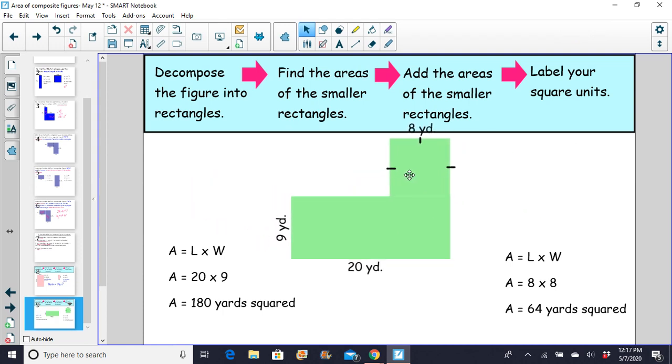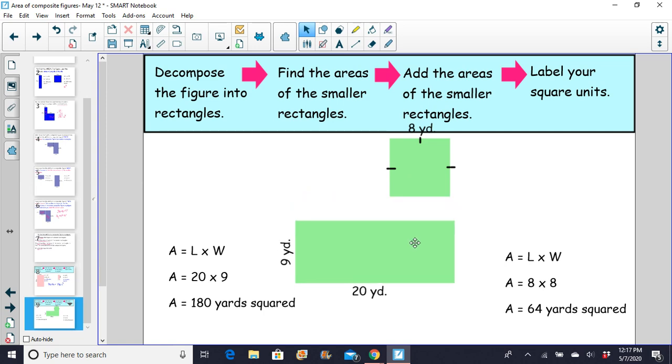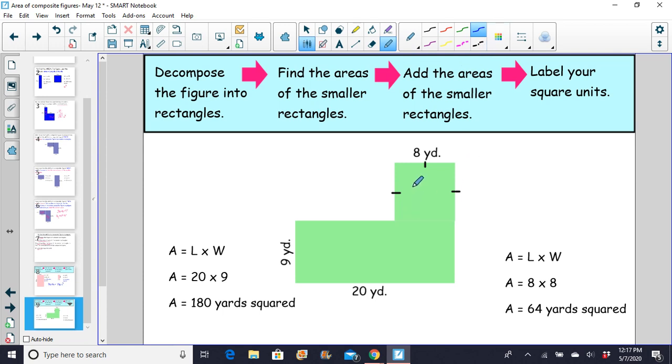So now I have to combine those two areas in order to find my combined area. I've got my 64 yards squared, and my 180 yards squared here, and I need to add them together.